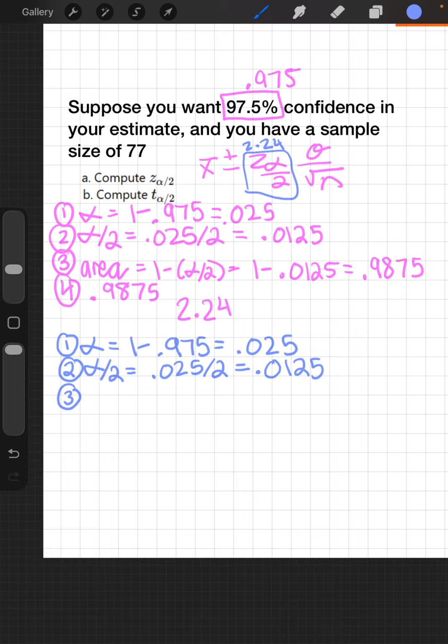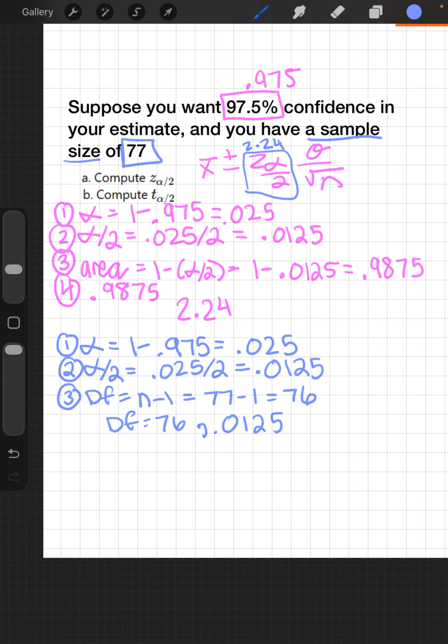And then 3 is where everything goes a little bit different. Our degrees of freedom is n minus 1, and we have 77 minus 1, 76. We're going to look for degrees of freedom of 76, and we look for 0.0125.